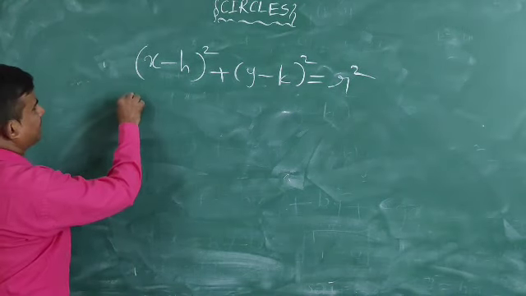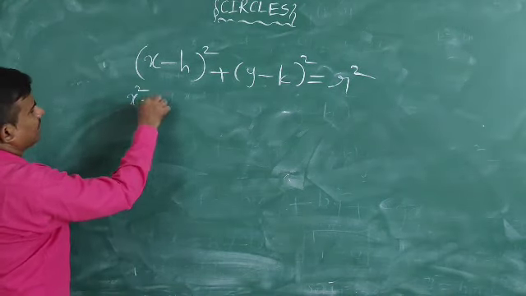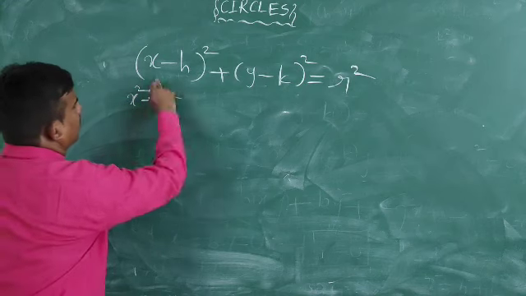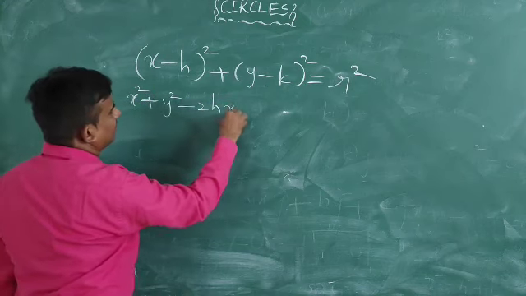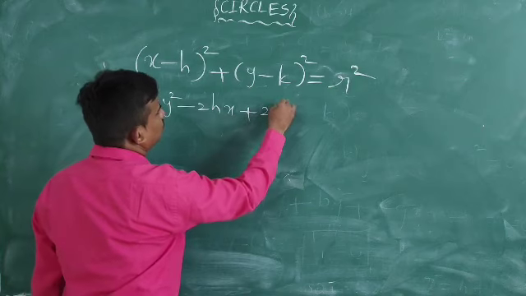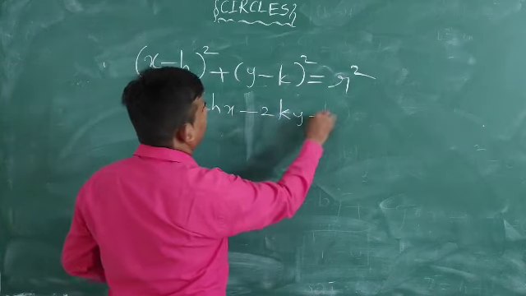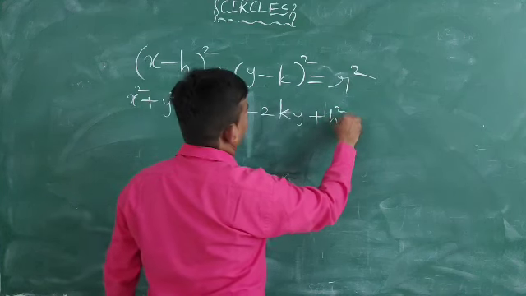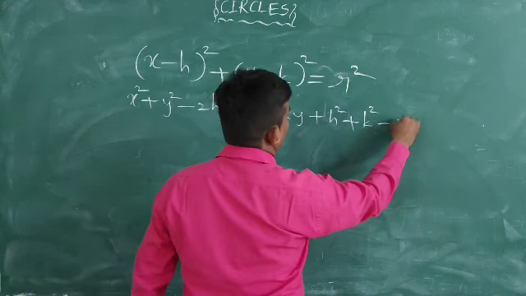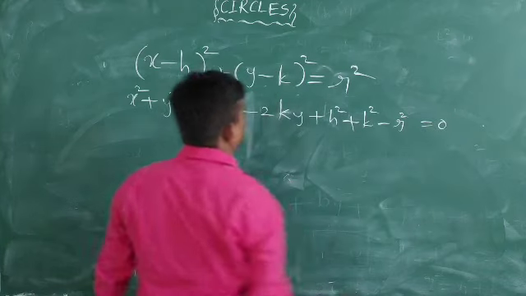If we expand it, we get x² + y² − 2hx − 2ky + h² + k² − r² = 0.